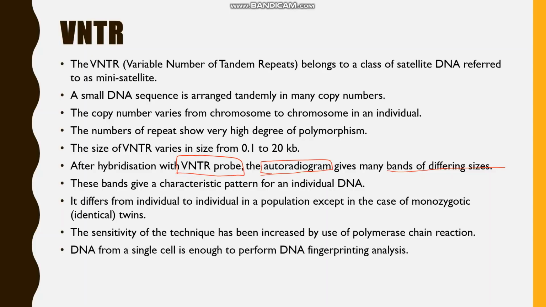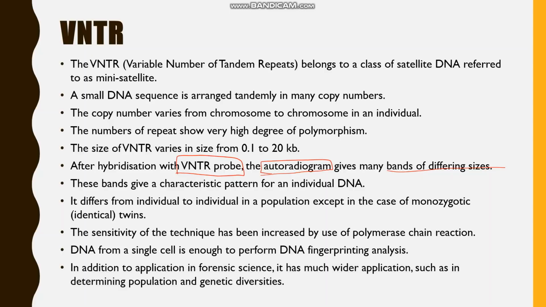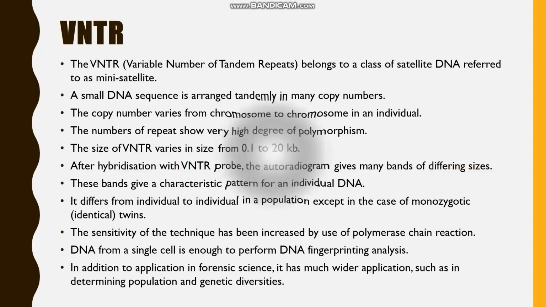So the DNA from a single cell is enough to perform the DNA fingerprinting analysis. For amplification, we use PCR. In addition to application in forensic science, it has much wider applications, such as in determining population and genetic diversity. So this is regarding the important features of VNTR.